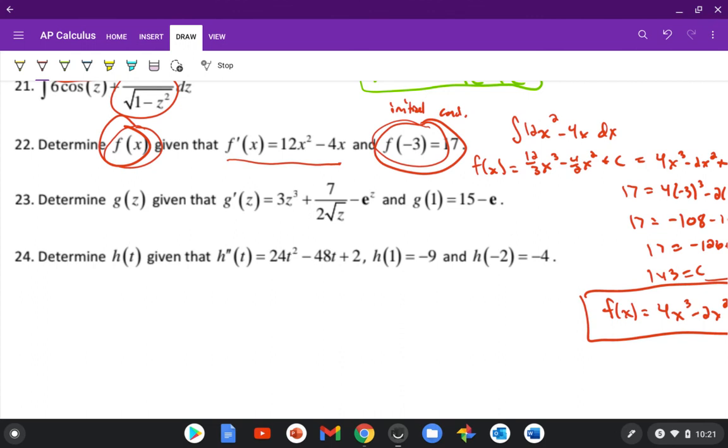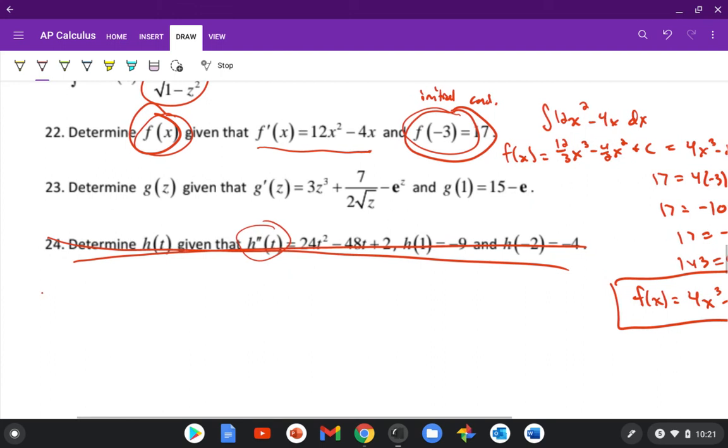Same if you had to do this one, it gives you h double prime of t. So you would just need to do it in 2 steps. It gives you an initial condition for, actually, I think it's missing one of these; it should be h prime of t, or h prime of 1 or something. So we'll just X this one out for now. We'll just stick with the first one.